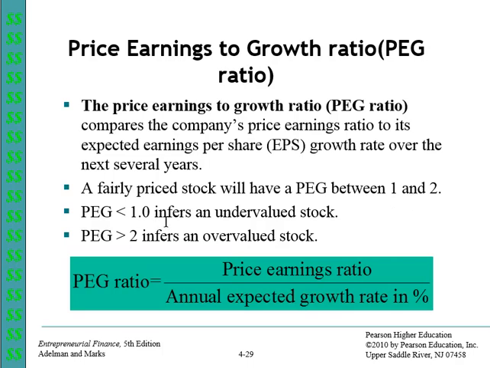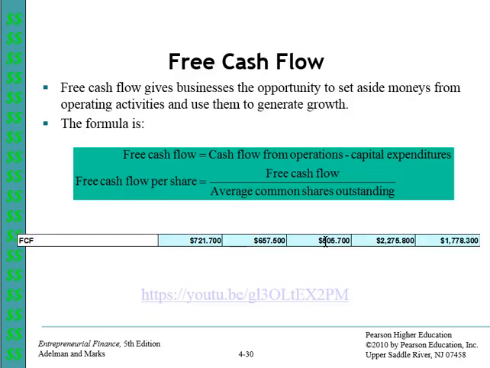If it's less than 1, we're talking about an undervalued stock. Greater than 2 is an overvalued stock. So again, if you're thinking about investing, you may want to concentrate on companies that have relatively low PEG ratios. Definitely, you don't want to buy a stock that has a PEG ratio greater than 2. This, again, might be an indication that this stock is overpriced.